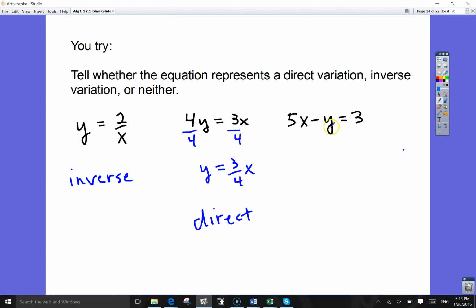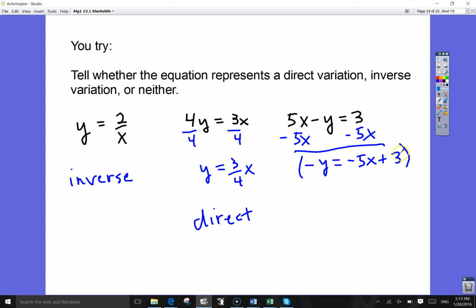And this, if I solve for y, subtract 5x. And because we have negative y, we either need to multiply or divide by negative 1. But remember, we have a property for that, right?